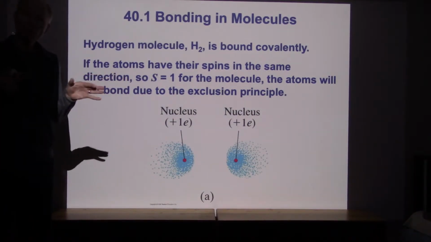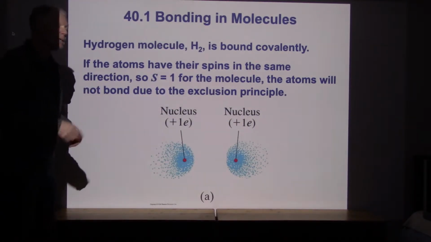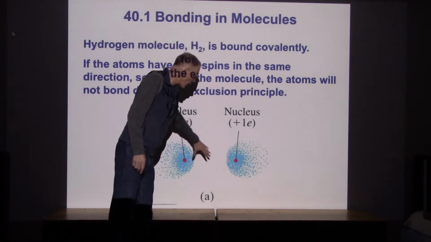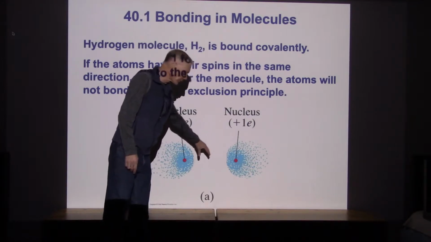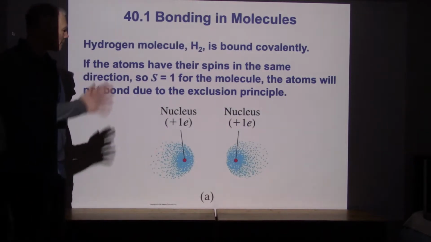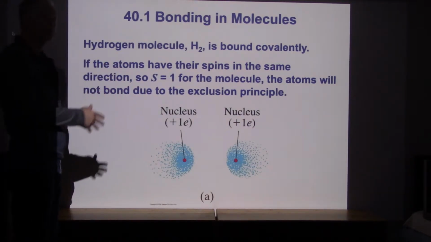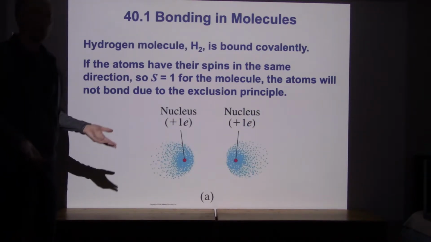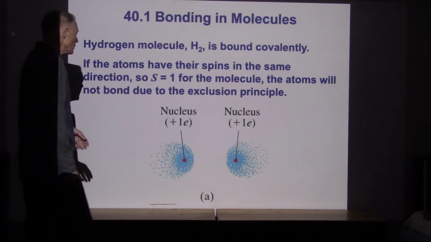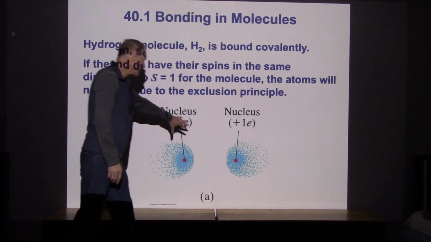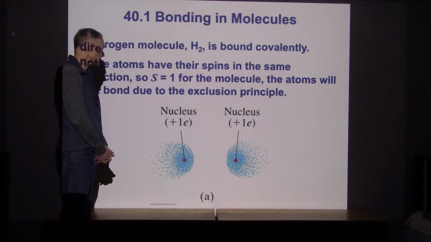In order to hold the two nuclei together, in order to form a chemical bond, what we want to happen is to have two electrons fall into some type of new hybrid molecular quantum state, a molecular wave function, that builds up negative probability between the two nuclei. That's basically what happens in chemical bonding. 99.9% of the chemical bonds correspond to a pair of electrons showing up in between nuclei.